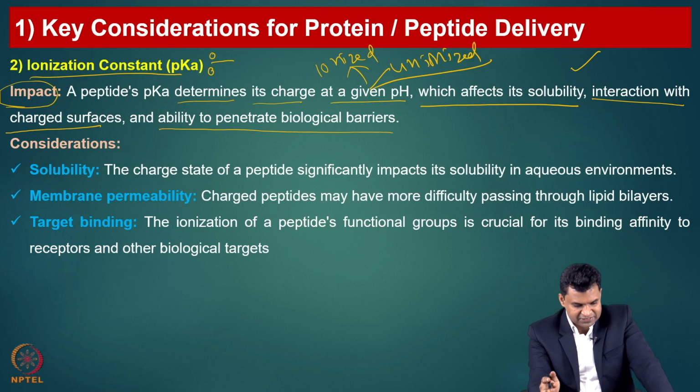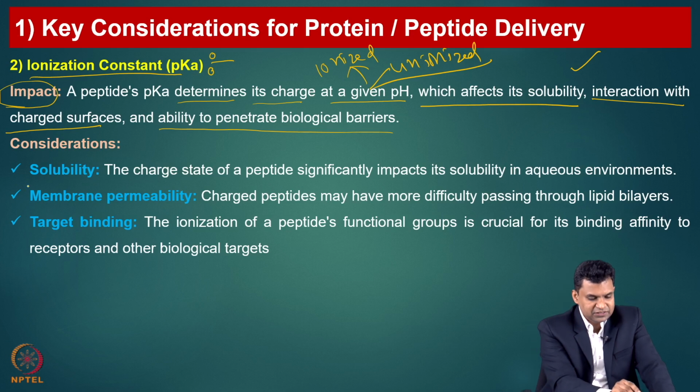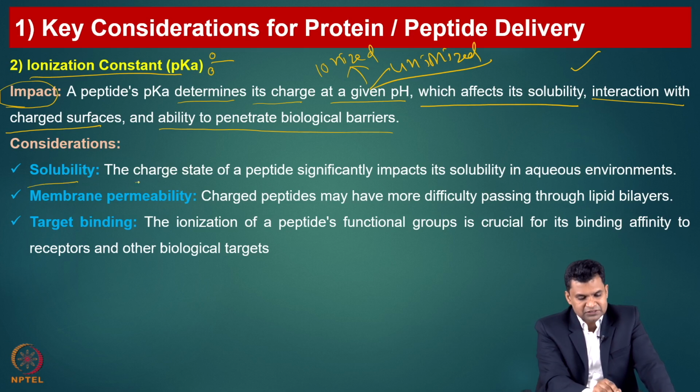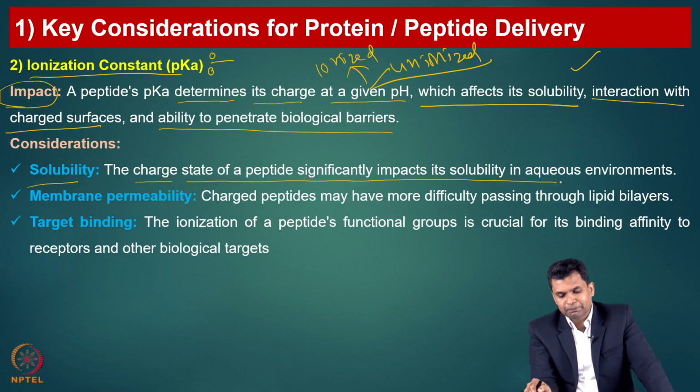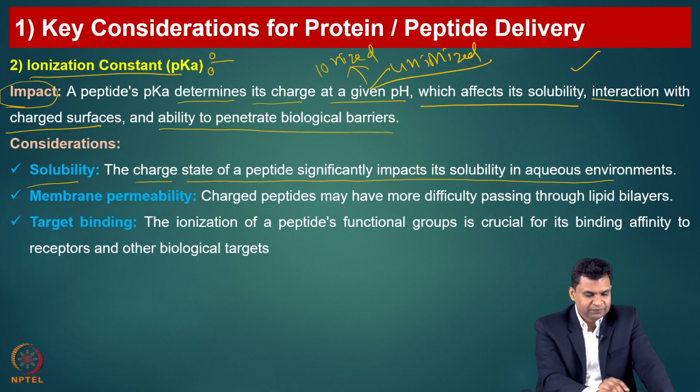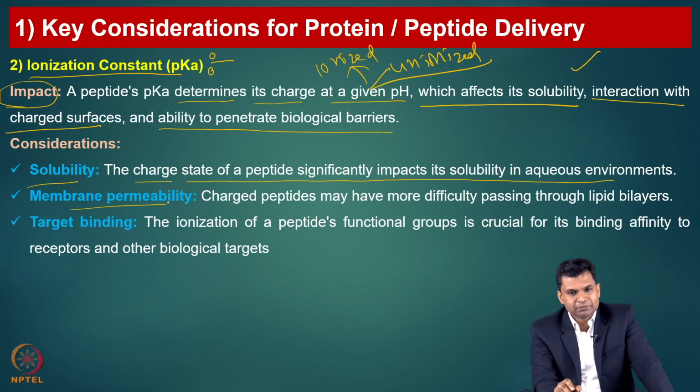Now, as we discussed in these slides, you can see the first consideration, solubility. The charge state of a peptide significantly impacts its solubility in aqueous environments. So, for that, the dissociation constant is very important, and also for membrane permeability.